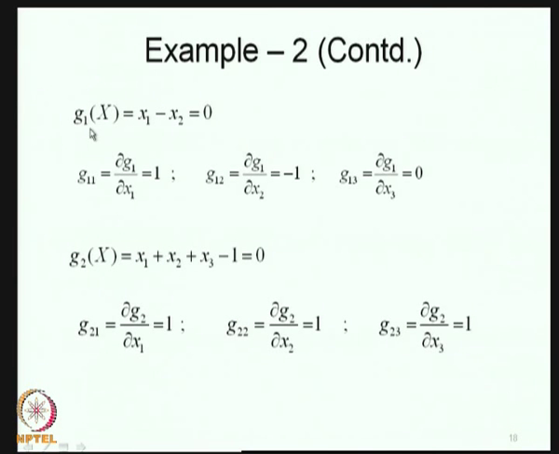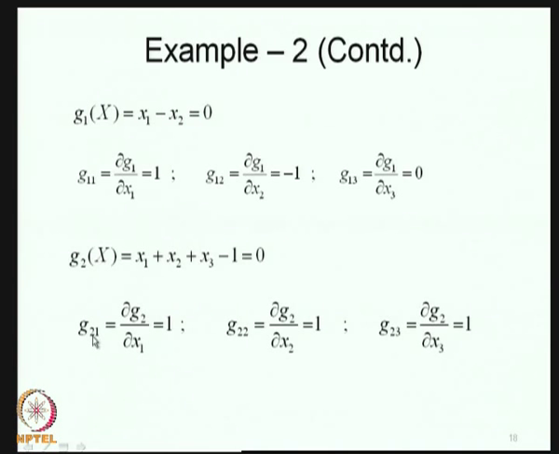Similarly, we look at the constraints. G1 of x is x1 minus x2 is equal to 0. So, G11, the first constraint with respect to first variable, dg1 by dx1 is equal to 1. First constraint with respect to second variable, dg1 by dx2 is equal to minus 1. First constraint with respect to third variable, dg1 by dx3 is equal to 0. Then the second constraint is x1 plus x2 plus x3 minus 1 is equal to 0.